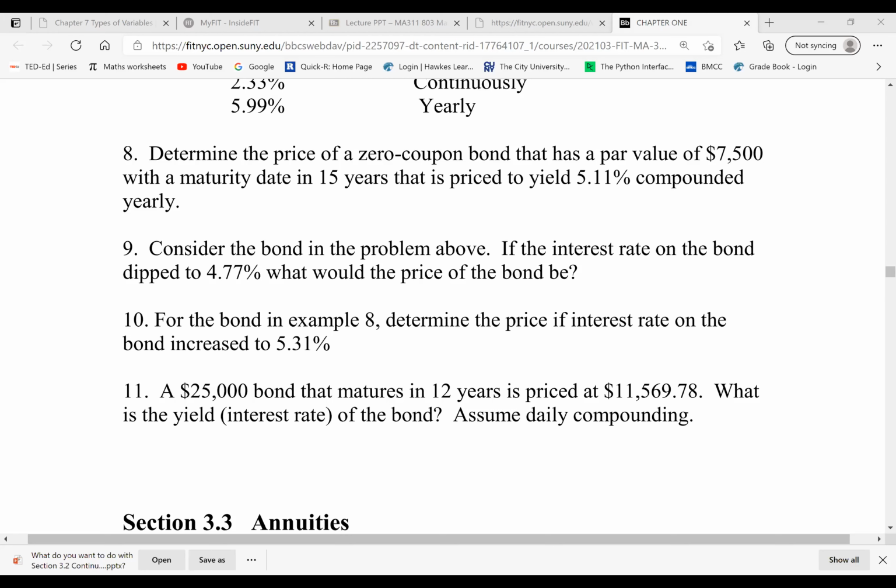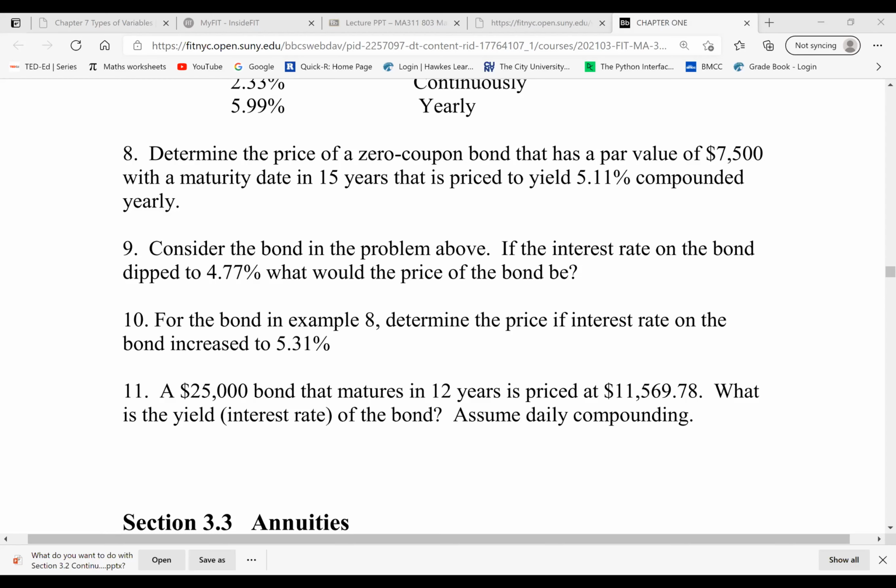The price to yield 5.11% compounded yearly, so this rate is 0.0511, and N is 1. So that's all the given information. And once you have all of this, we'll be able to calculate the bond price, the principal.